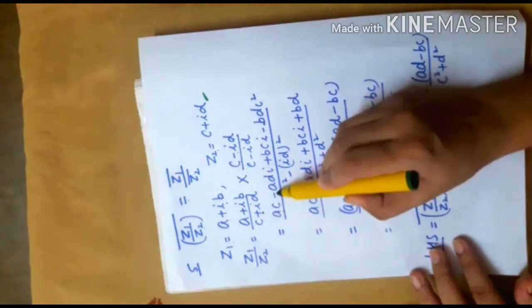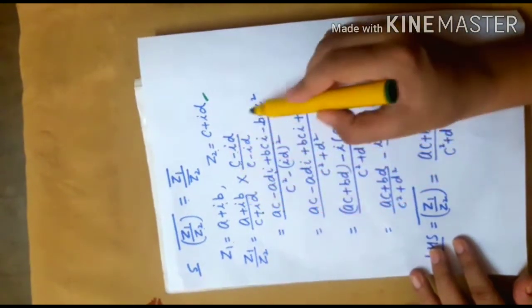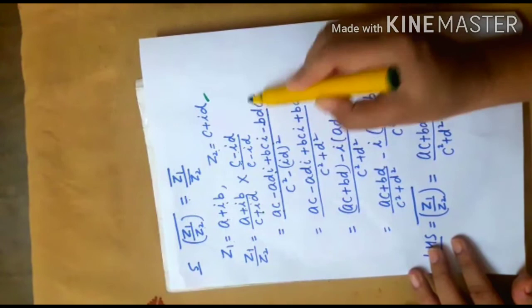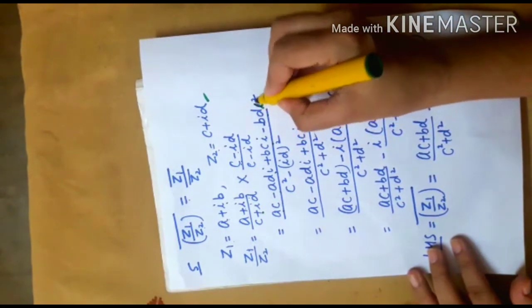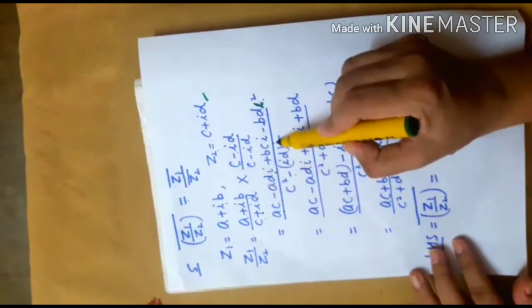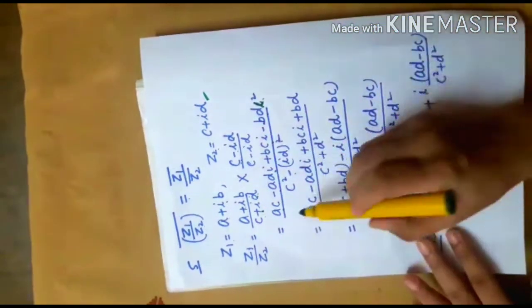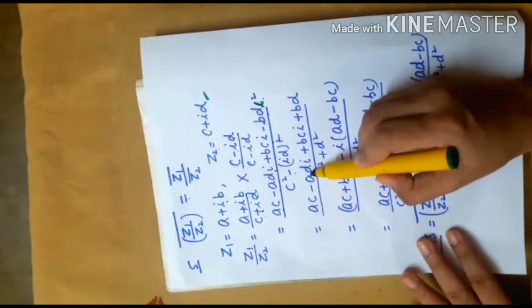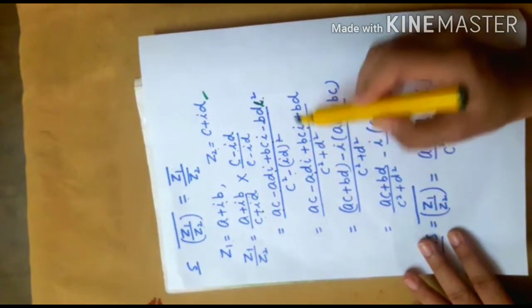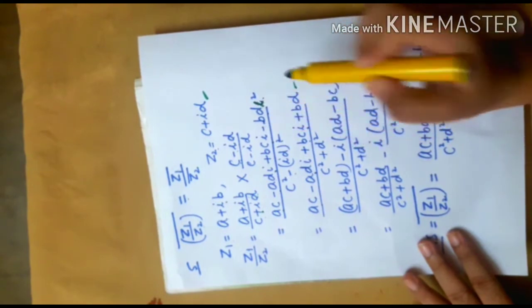So multiply the numerator. It's AC minus AD iota plus BC iota minus iota square BD. Then C square minus iota D whole square using A square minus B square. Now it's AC minus AD iota plus BC iota. And iota square is -1, so I'll get plus BD.